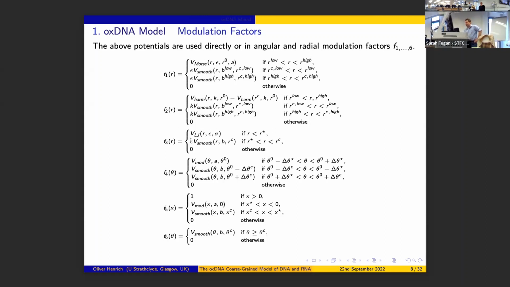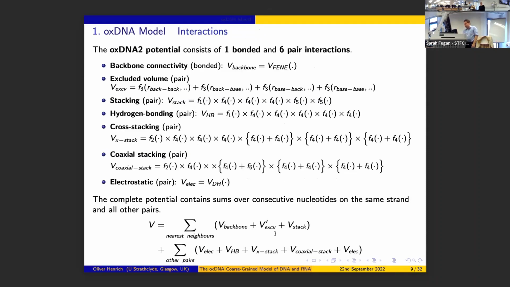F3 is a modulation factor that occurs in the excluded volume interaction, because it contains the Lennard-Jones interaction. Don't get caught up in the details. You have these basic elementary functions, and they are used in these modulation factors, and then the actual interaction of the oxDNA force field is like this.